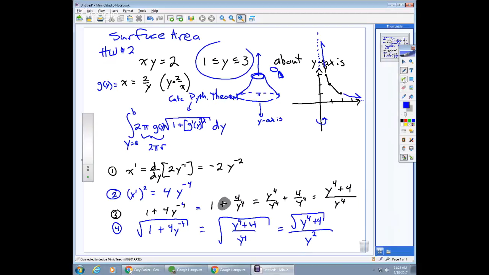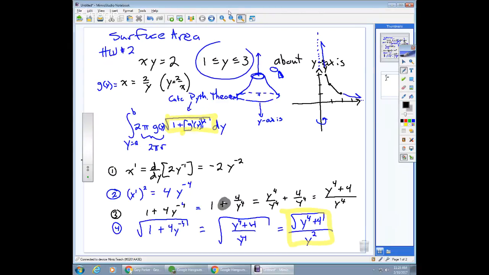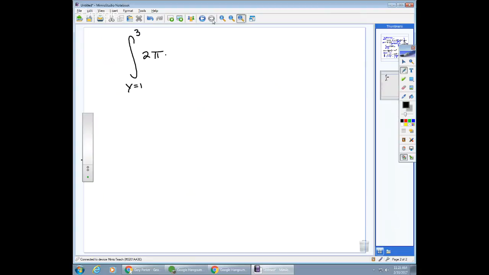All right, so what have we done so far? We've cleaned up this part. I think we're ready to try plugging into the whole integral and see if we can do any more with it. So I've just calculated, again, this part right there. All right, let's throw it together in one integral. So now we have the integral as y goes from 1 to 3 of 2 pi times our original function, which was 2 over y.